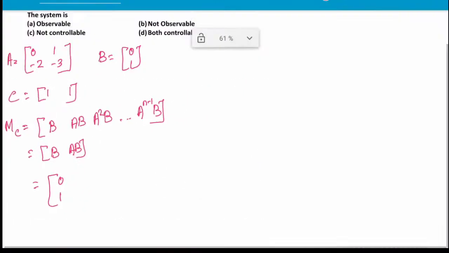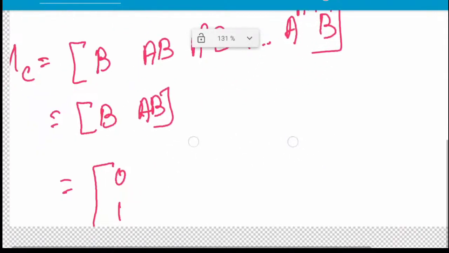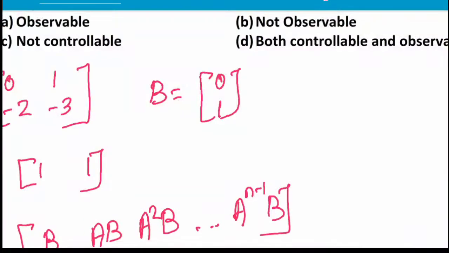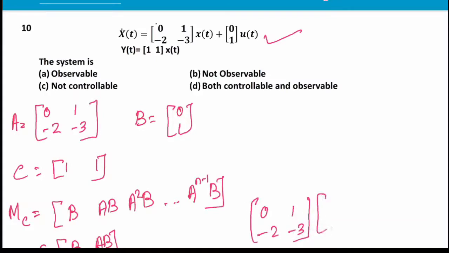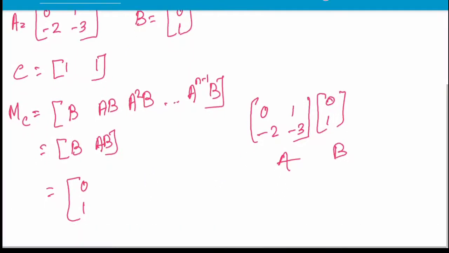B is given as [0 1], and AB, with A as [0 1; -2 -3] and B as [0 1], if we multiply A and B, this will be [1 -3].